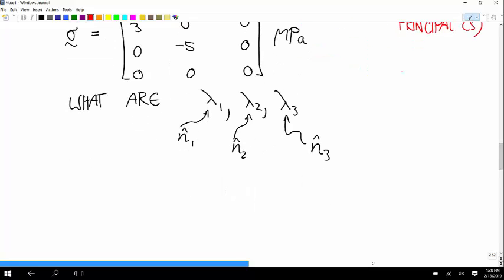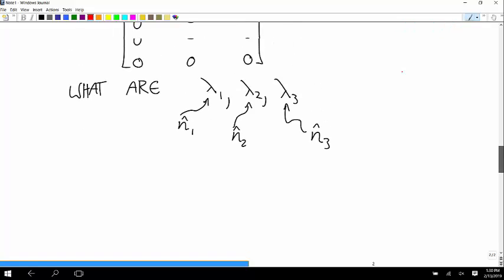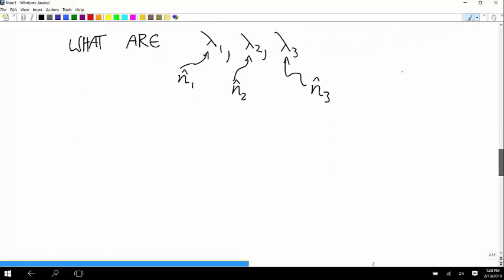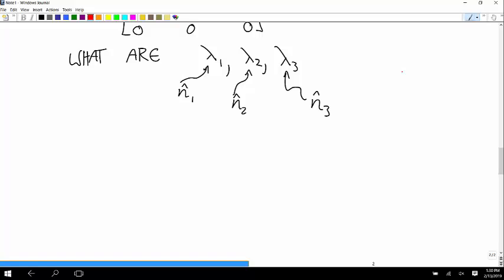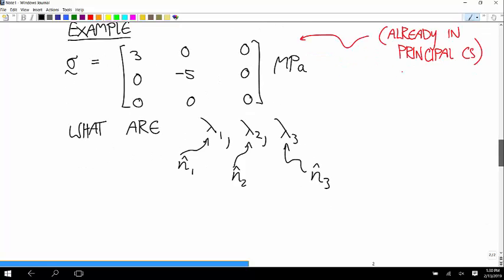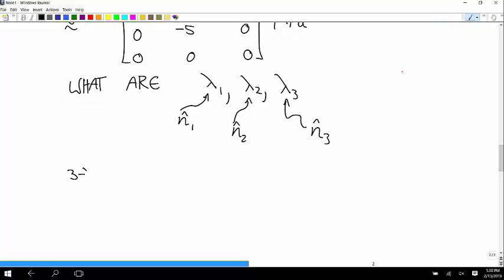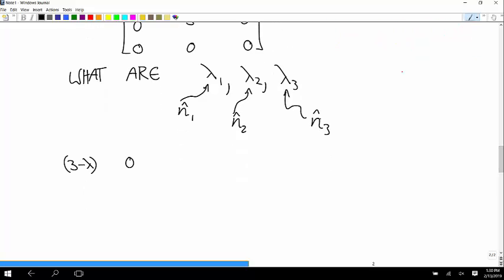So what we want to do is calculate the determinant of the matrix with 3 minus lambda, 0, 0, then 0, -5 minus lambda, 0, and 0, 0, and then this one's 0 minus lambda, so just negative lambda.